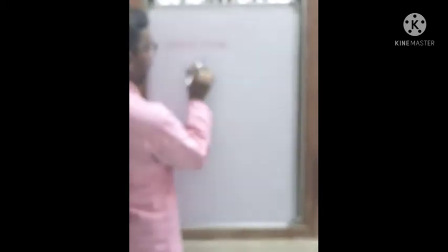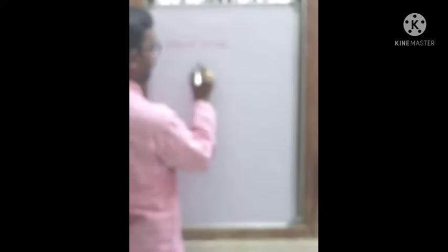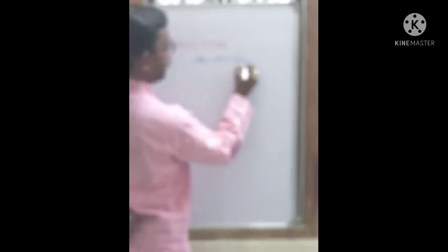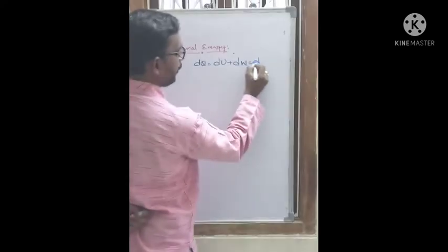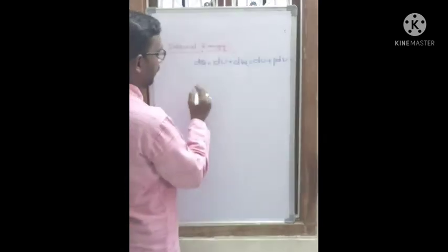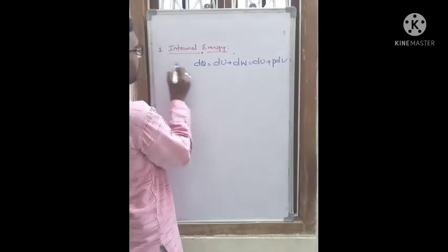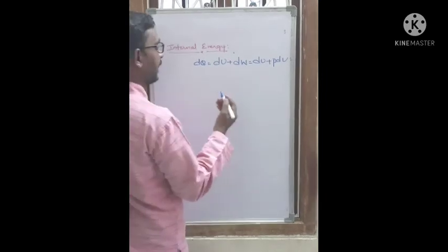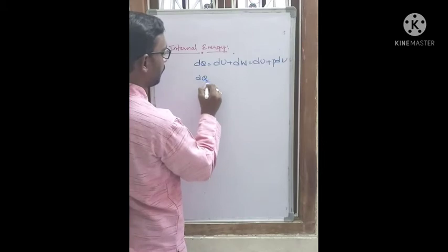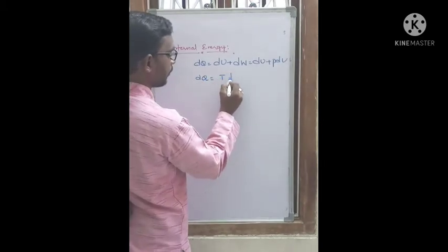Okay, right. So we know that the thermodynamic first law is dq equal to du plus dw, that is equal to du plus pdv. Okay, next. So this is the first law of thermodynamics. And the second law of thermodynamics, in terms of entropy, there we can write dq equal to tds, right?